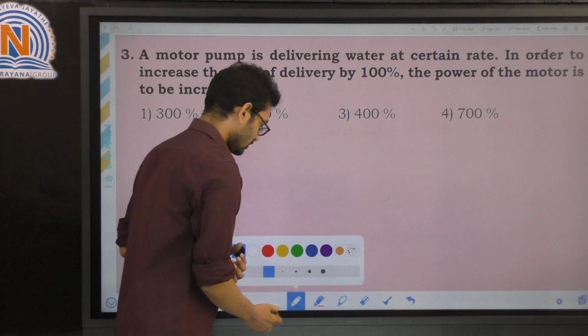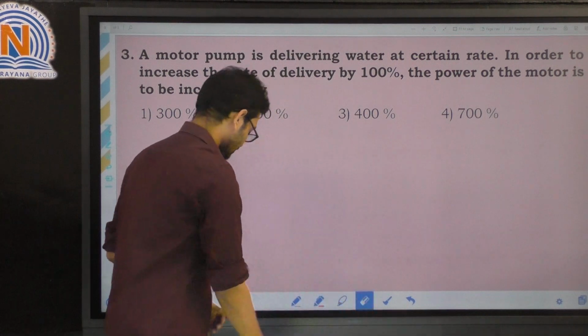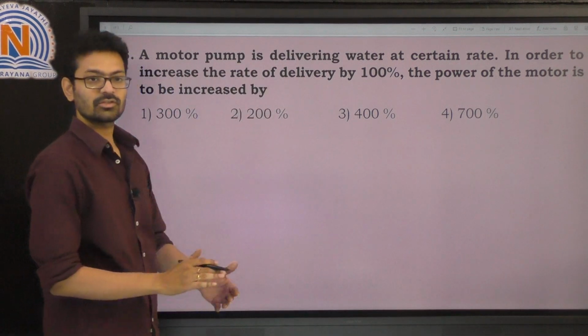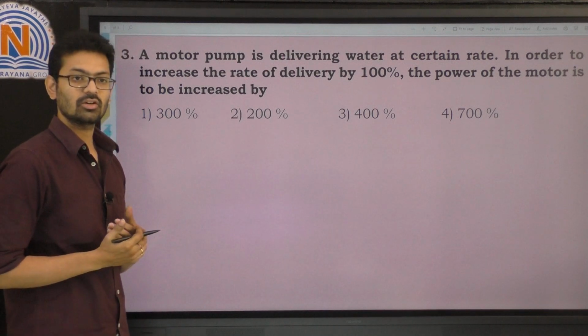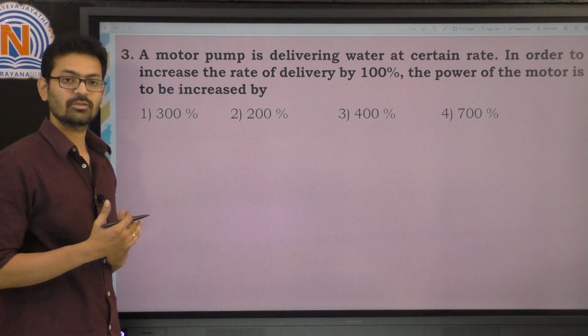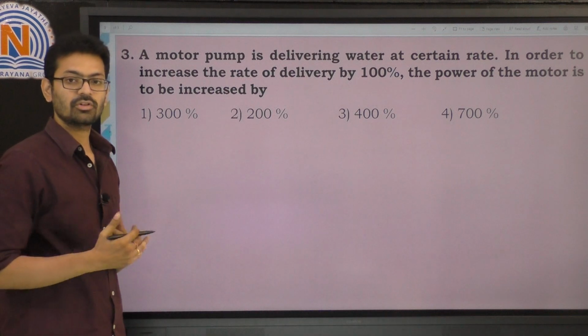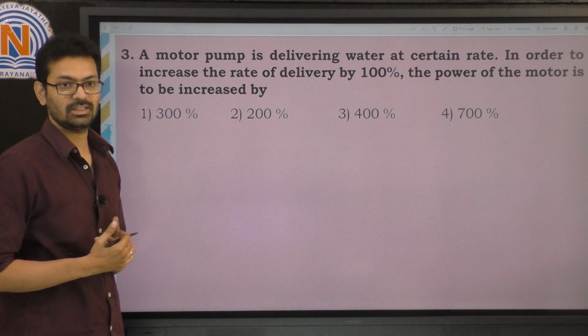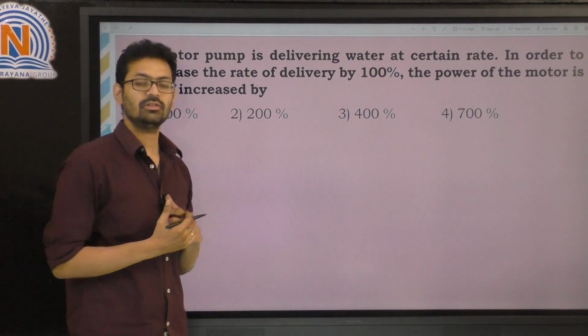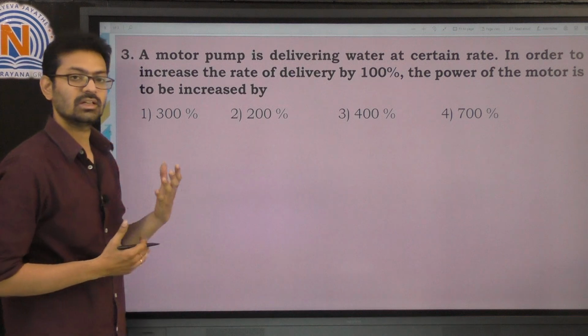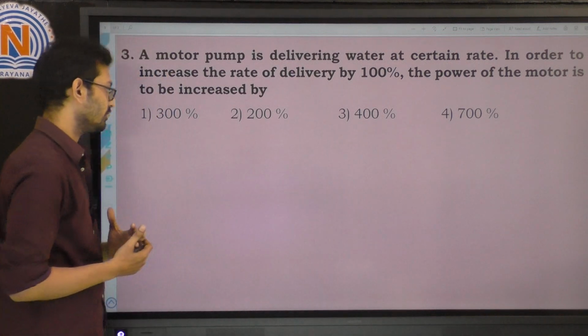So in this question, a motor pump is delivering water at a certain rate. In order to increase the rate of delivery by 100%, the power of the motor is to be increased by. Whenever you get this kind of question, let us go with the dimensional formulas which we have learned in the starting lesson of physics.